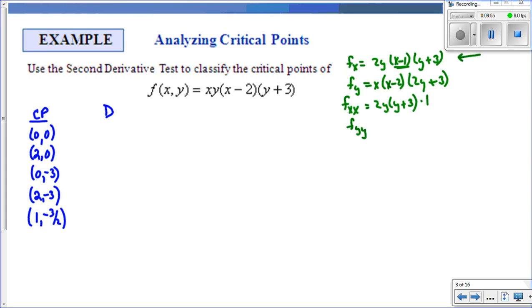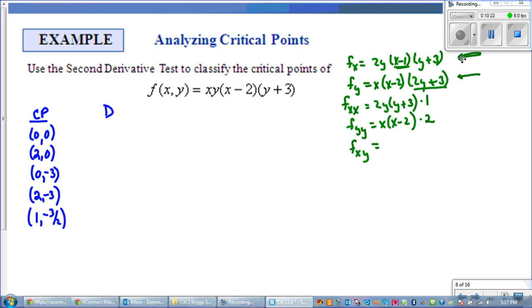The second partial with respect to y will be the derivative of this one with respect to y again, but y only occurs in one spot. So the x times x - 2 are constants, and the derivative of 2y + 3 would just be 2. And now let's find the partial of f with respect to x first, and then with respect to y. So take the partial with respect to y of this first one.